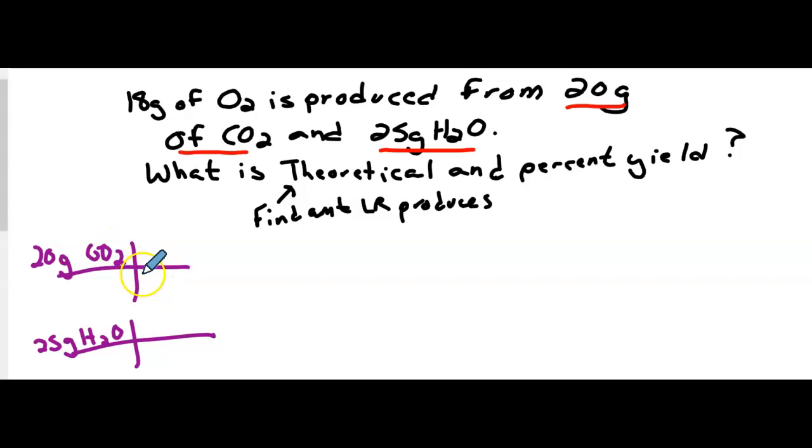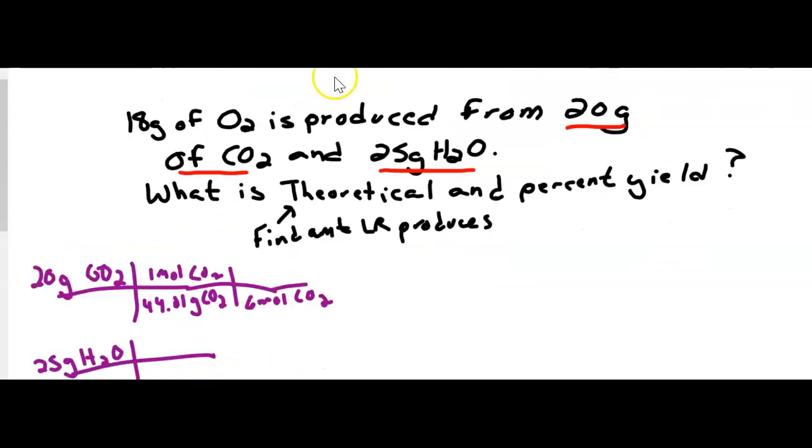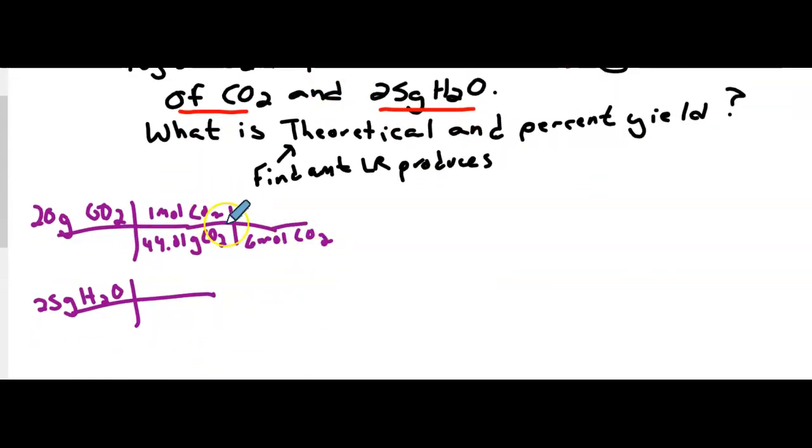So CO2 molar mass is 44.01 grams per 1 mole of CO2. Then we're going to do our mole ratio. So we're going to have 6 moles of CO2 to, since O2 is mentioned in here, that's the product we're going to work with, 6 moles of O2.